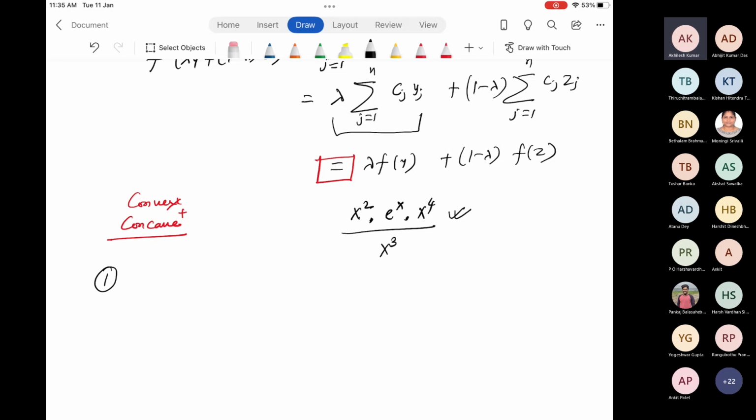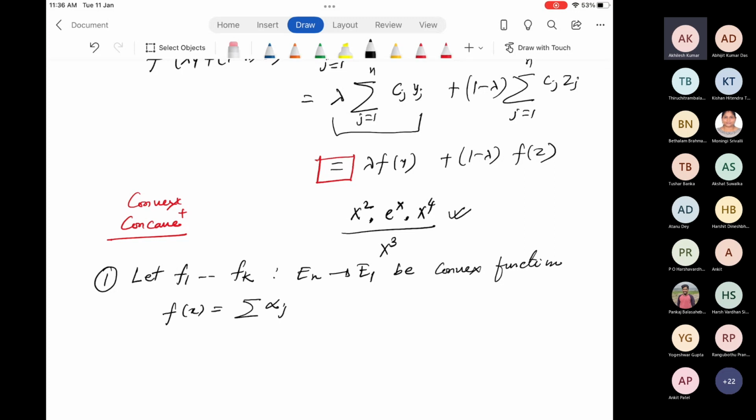Okay. Some interesting properties of convex functions. Let f1 to fk, from n dimension to 1 dimension, be convex functions. Then f(x) written as the summation of alpha j fj(x), where the alpha j are non-negative, is a convex function.